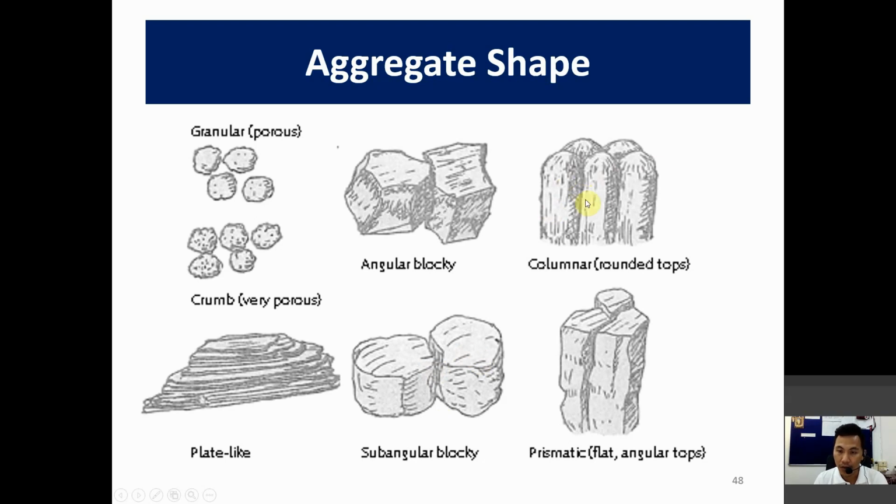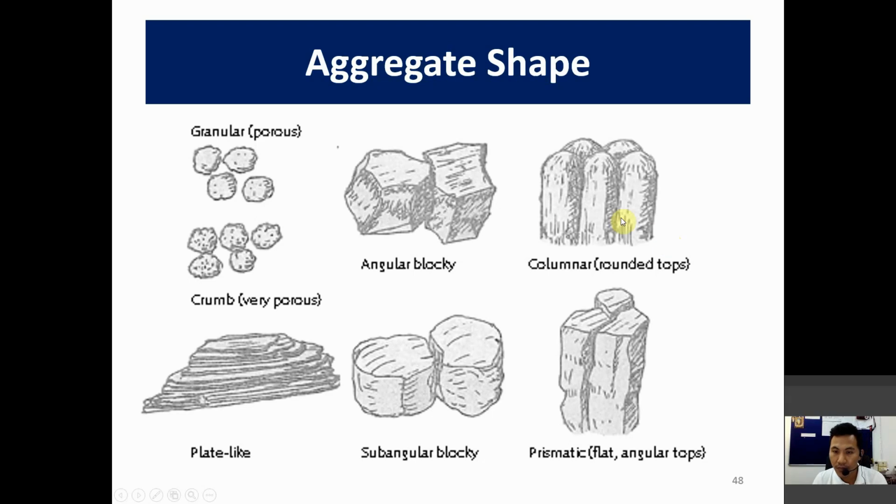For column or stick structure, you have columnar with a rounded top, and prismatic with a flat or angular top. This is how they look different. And platy looks like sheets. This is just clay particles that stack up on each other and give you a platy shape.